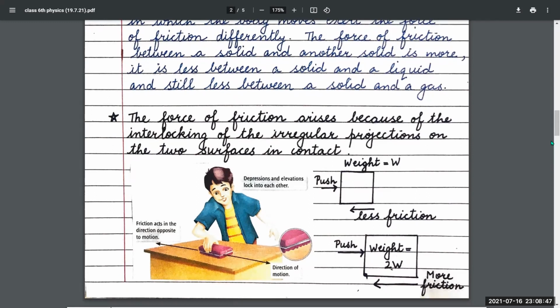Whereas if the weight of an object is more, then the force to apply on it is more, and more friction will oppose its motion. Second thing, remember that friction acts in the direction opposite to motion.